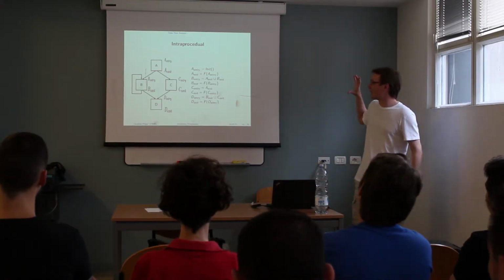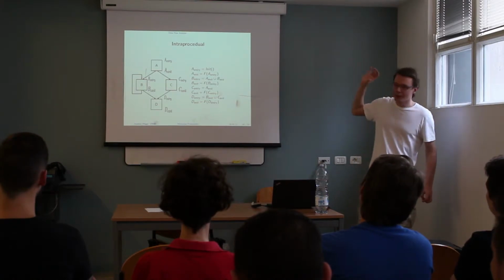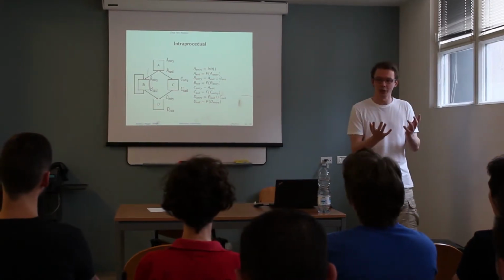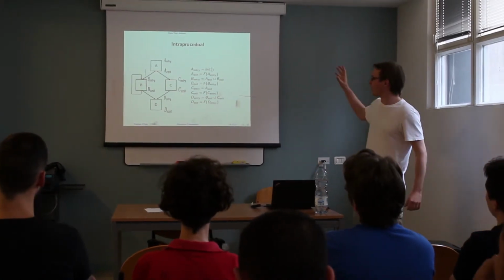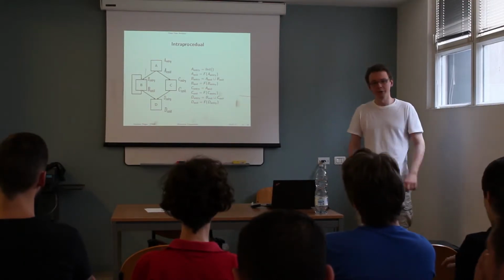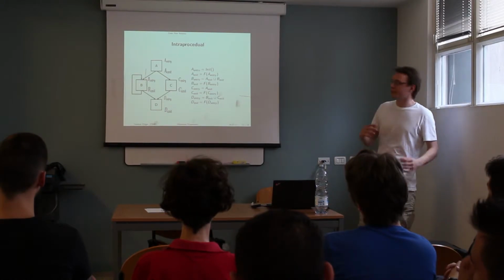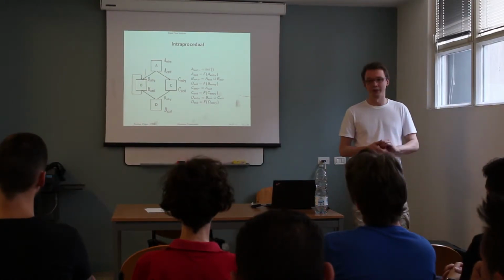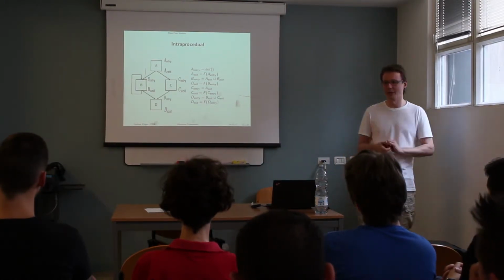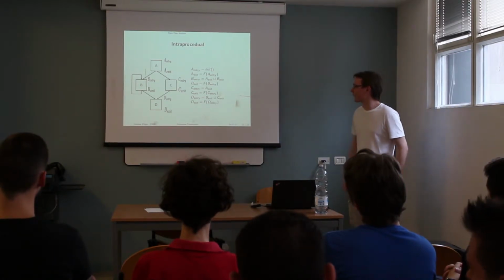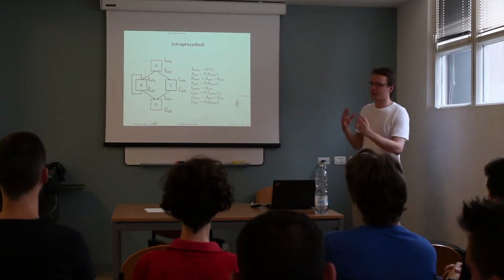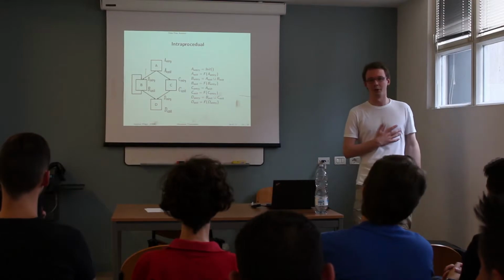So you get equations. At the entry you have an initialization, and after you apply the transfer function to the top of block A, you get the solution for the exit of block A. So an exit is nothing else than the transfer function applied to the entry of the block.